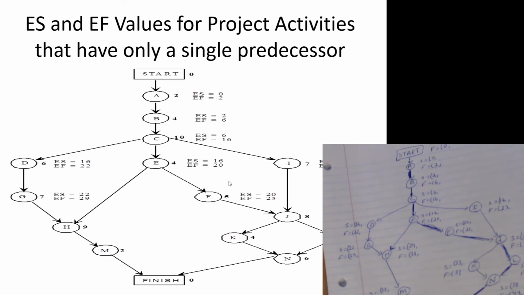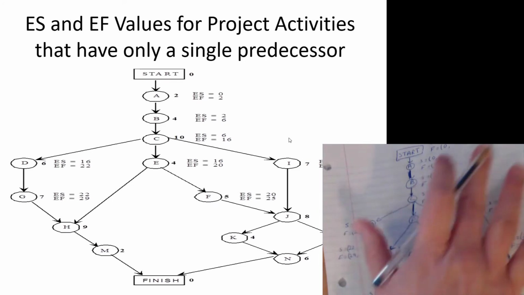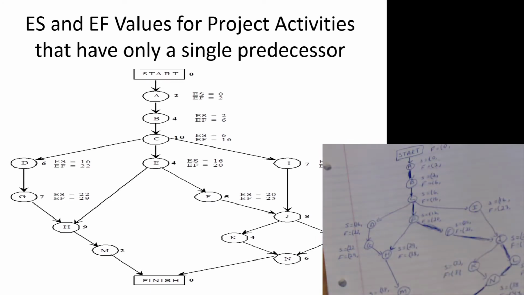And this is essentially where we're at with the drawing of the diagram. A starts at period 0 at the beginning of the project. It takes 2 weeks to do, so 0 plus 2, the earliest finish time is 2. B cannot begin until A is finished. A can be finished as early as period 2, so B can start as early as period 2.